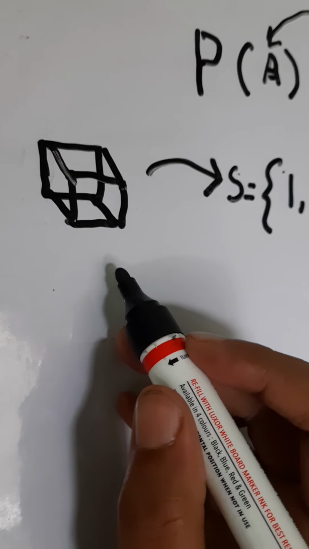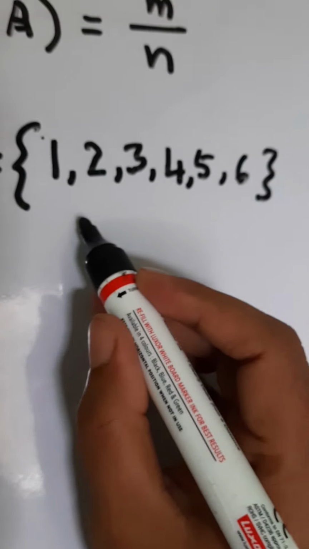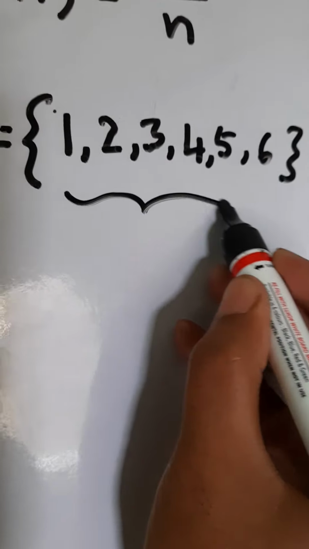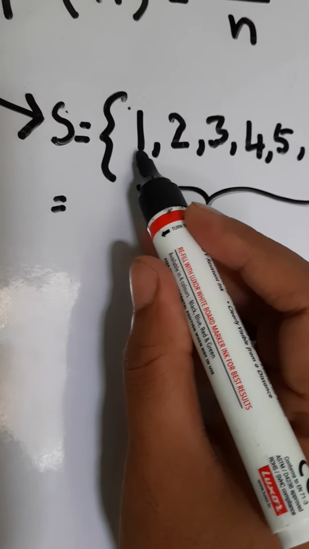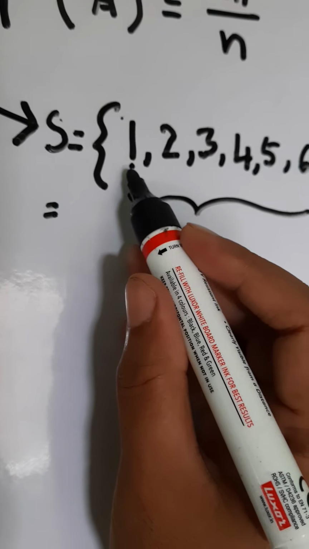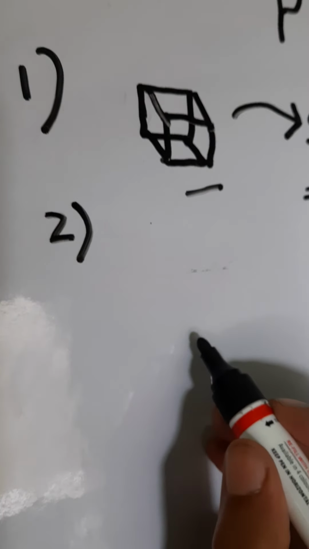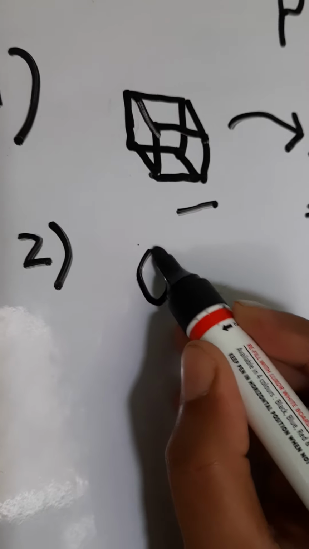We cannot predict. This is a random experiment. And the sample space is the totality of all outcomes. And outcomes are the result of each particular experiment. So 1 turned up, so 1 is the outcome.